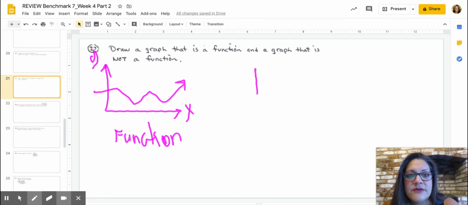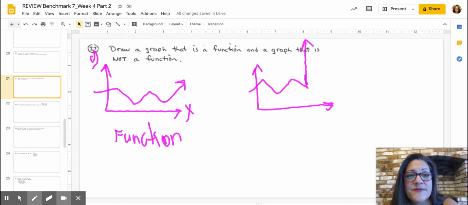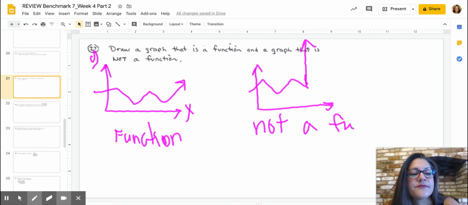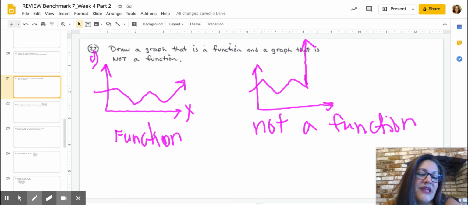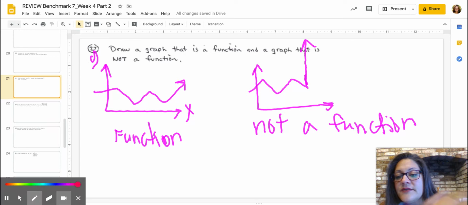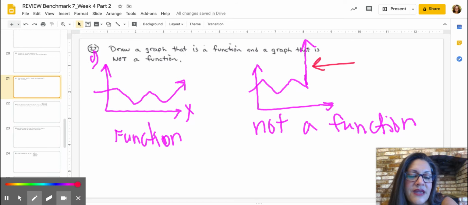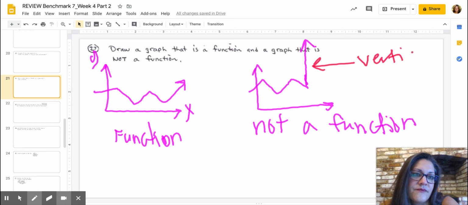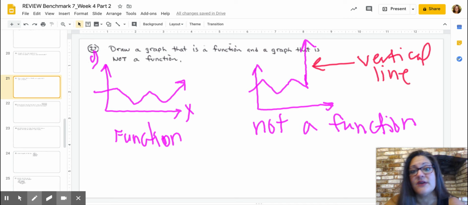But if we did something like this and did the same thing, but then went straight up, that is not a function. And that's because of the vertical line right here. Okay. Vertical line is a no-no. Okay, so draw a graph that is a function and a graph that is not a function. There you go.